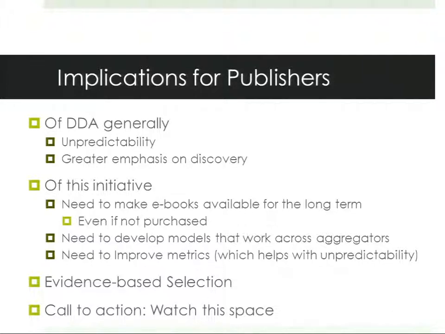So what libraries like to do is say, well, for this subject area, I want to switch to this percentage of electronic books. For this other subject area, I want to switch to this percentage. And another subject area, I want to switch to a smaller percentage. You might imagine science is high, arts and humanities low, that sort of thing. Then ideally, we would be able to enable them to say, well, if I want to spend 20% of my monograph budget on demand-driven acquisition, what's the relative range of records I might be able to provide my users so that the numbers work out as well as possible.